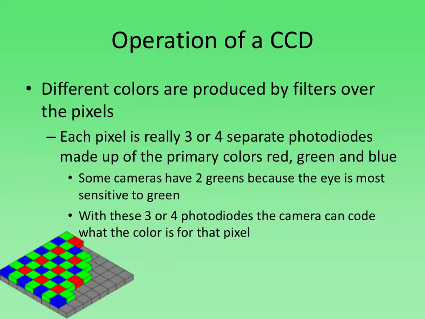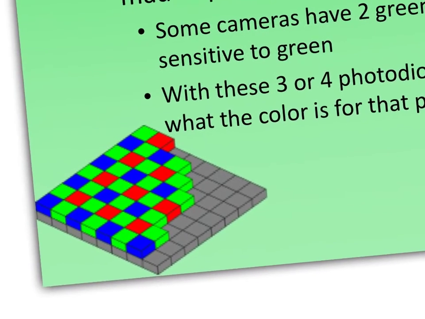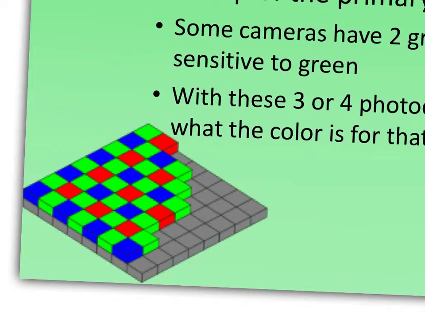And to help with the color, they actually use filters. On each of the pixels, you have 3 or 4 separate diodes, depending on the camera and the quality. Looking at this image here, each of these series of 4 colors has 2 greens, a blue, and a red.